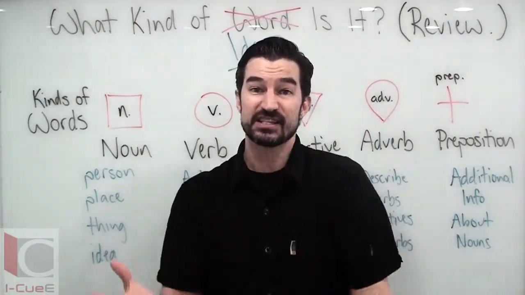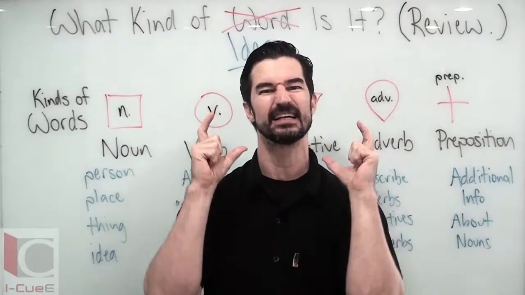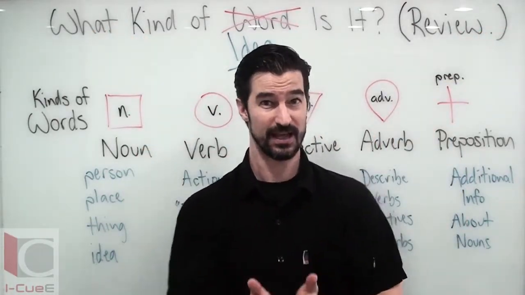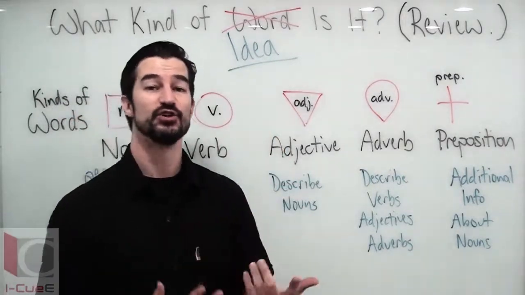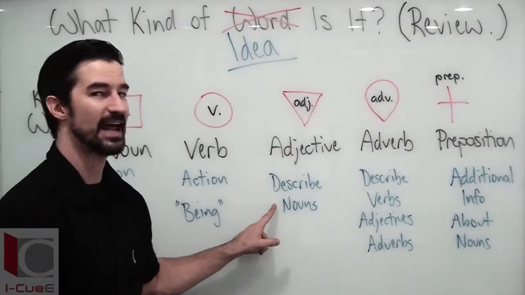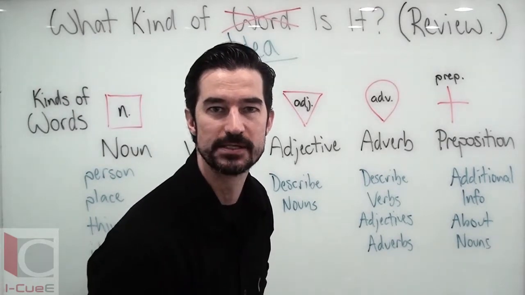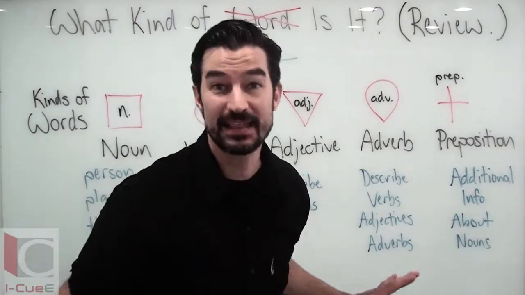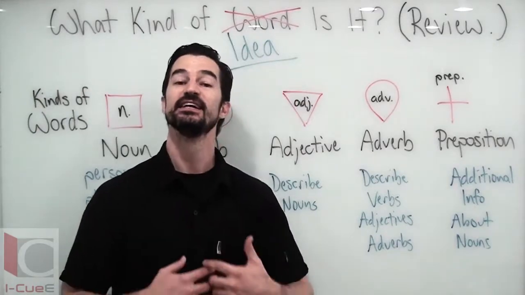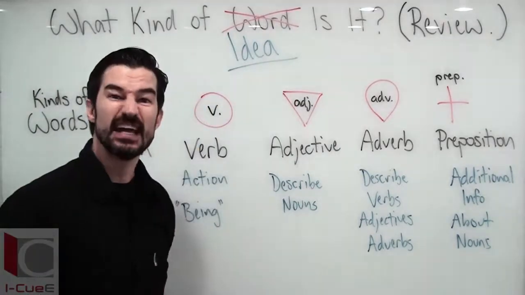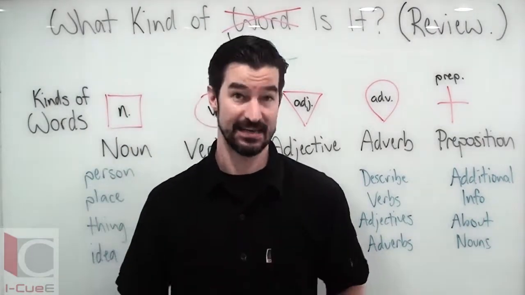And we can use lots of adjectives all together to get a clearer picture of what exactly we're talking about. Okay? So adjectives are words that are used to describe nouns. Only nouns. Adjectives don't do anything else. They just give more information about nouns. They generally answer the question, what kind?